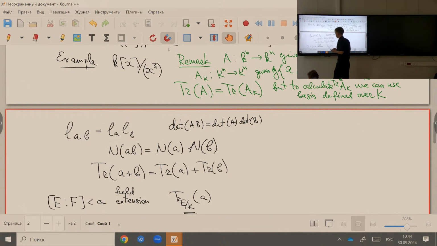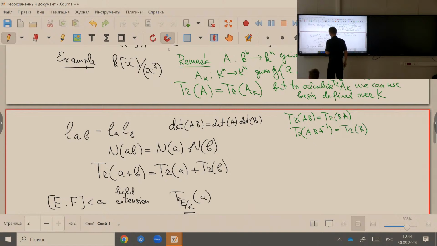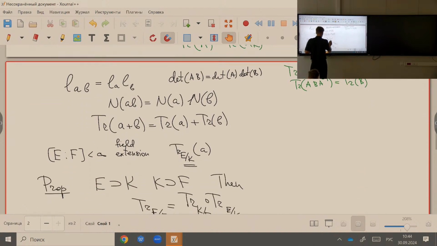For example, due to the formula that trace AB is equal to trace BA, that says that the trace of A B A^-1, the change of basis, is the same. So this tells you that trace is independent, and you may calculate in any preferred basis you like.